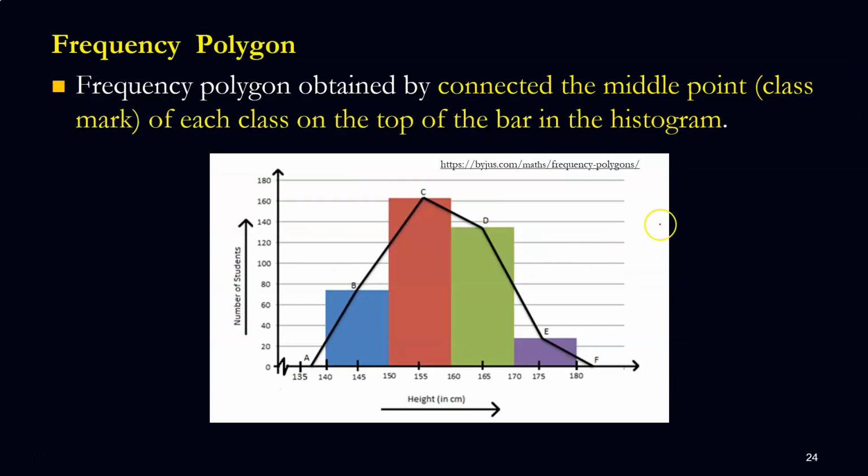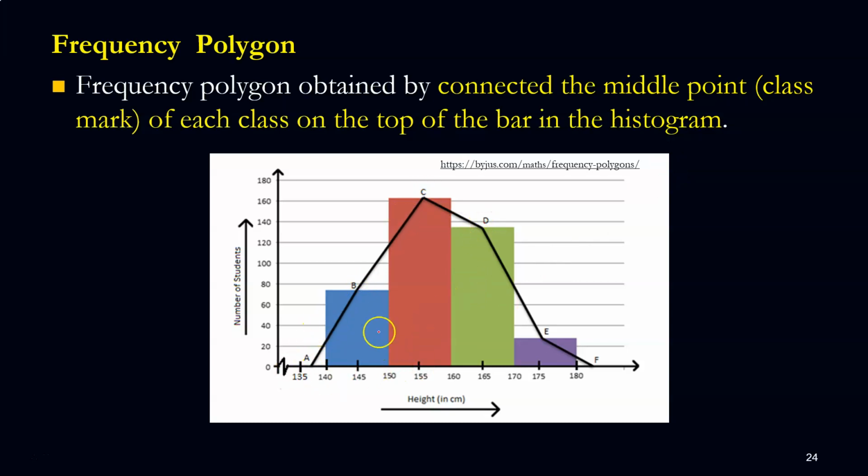Okay. From histogram, you can also obtain your frequency polygon. So frequency polygon is quite easy because you just obtain it by connecting the middle point of each class on the top of the bar in the histogram. You cuma connect all the midpoint, titik tengah daripada bar ni.